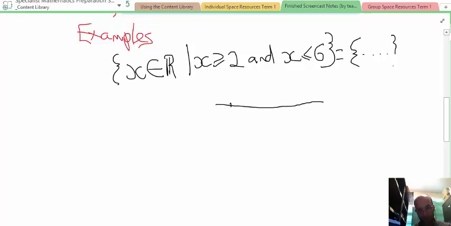If we've got 2 and 6, basically it's the values in between, and it does include 2 and 6, so we have to include those 2 points. We can put the other points in, 3, 4 and 5.